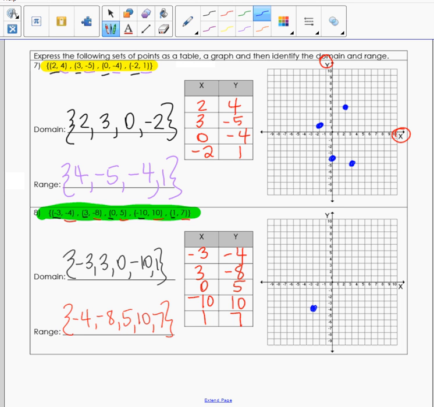So you're here. 3, negative 8 goes right 3 and down 8. 0, 5, you don't go anywhere left or right, you just go up 5. Negative 10, 10, negative 10 to the left, 10 up. And then 1, 7, right 1, and up 7. So that's what your coordinates should look like graphically.